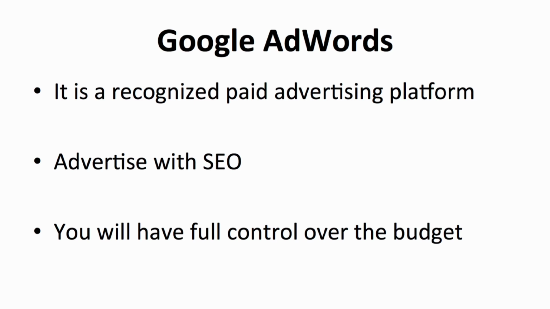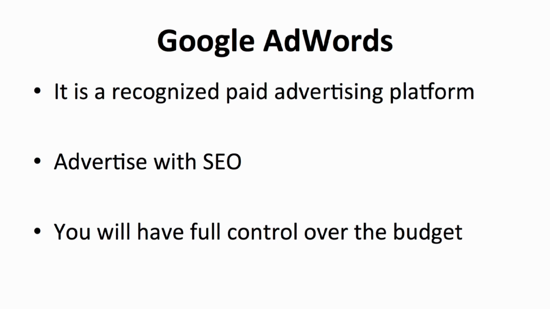Chances are that your advertisement posting with Google AdWords can double or even triple the traffic to your website. Google AdWords advertises with SEO, or search engine optimization. You'll need to understand more about the keywords in your niche in order to get a good result for SEO, which I'll talk about later on in another video.